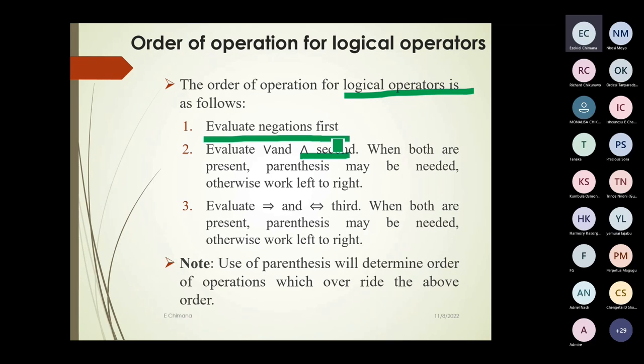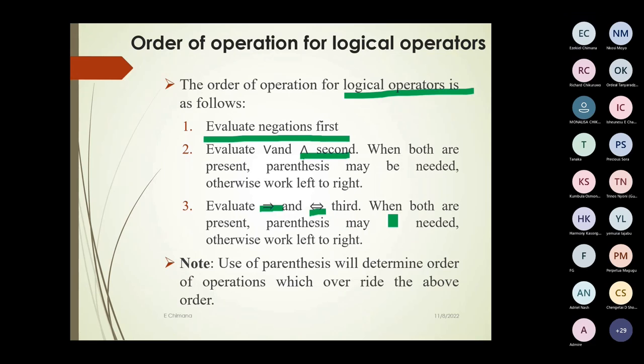So whenever they are both there, the or and the and, parentheses will guide you. You start with the ones which are in parentheses. If there are no parentheses, just work from left to right. Then, after that, evaluate the implication and the if and only if.